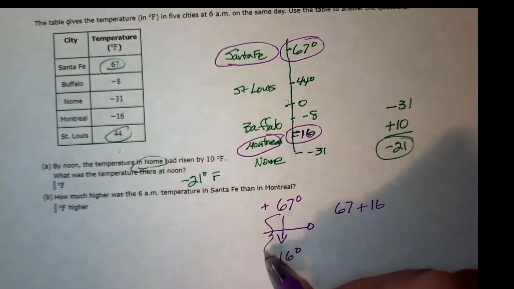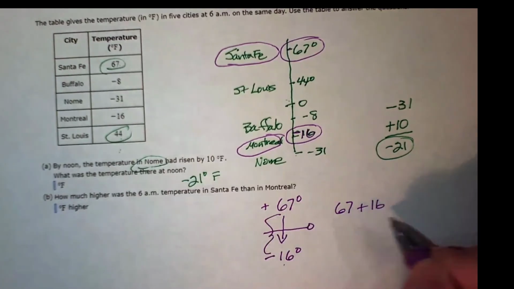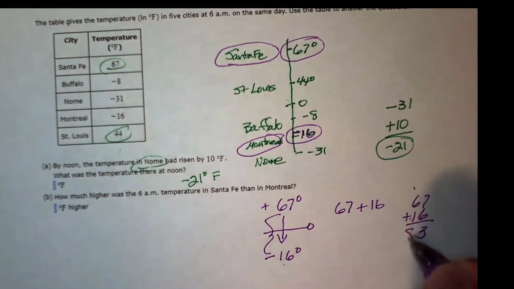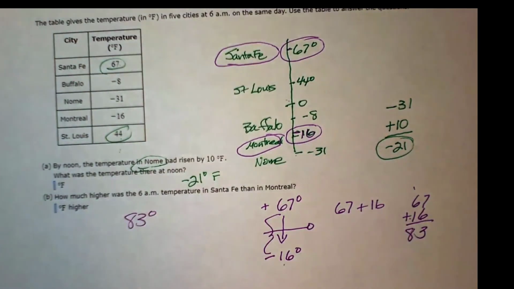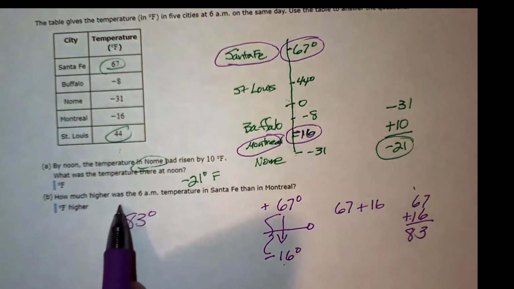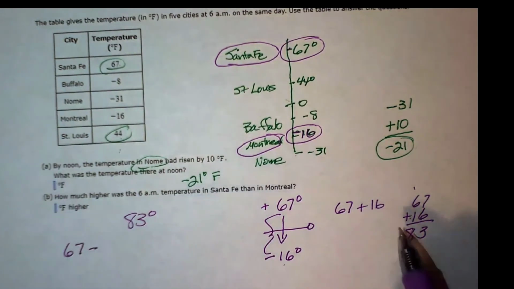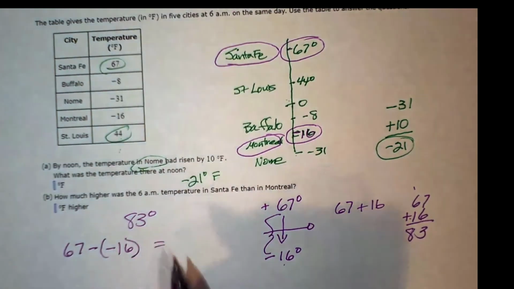So for the difference between 67 and -16, I'm going to add 67 and 16. It's 83 degrees. If I did the math, how much higher means I'm going to subtract. So I'm going to take 67 minus -16.